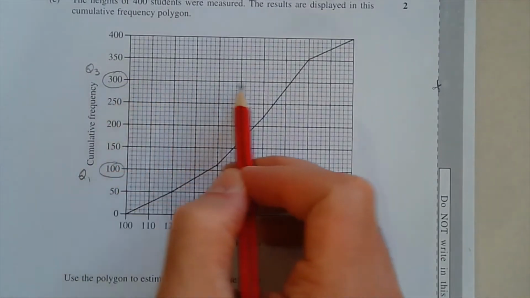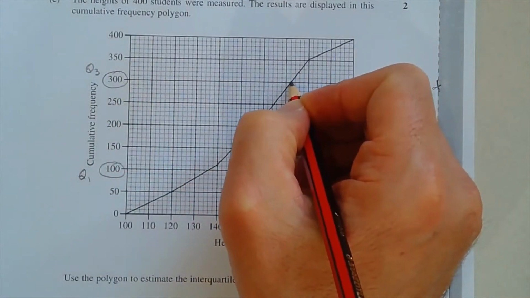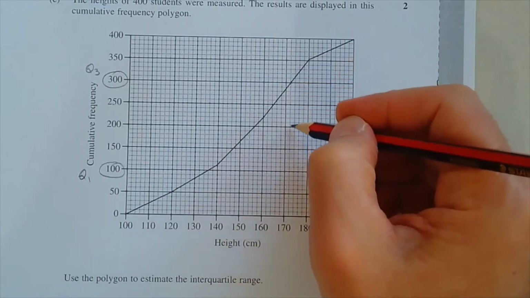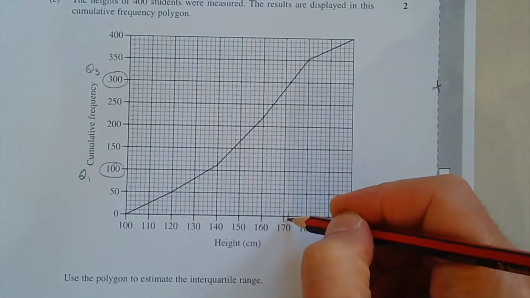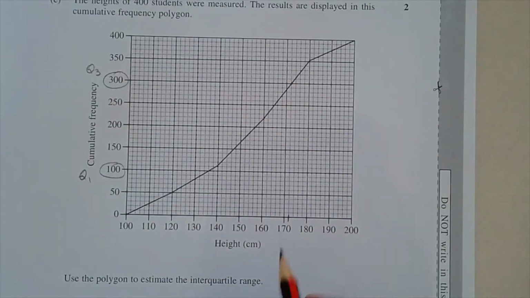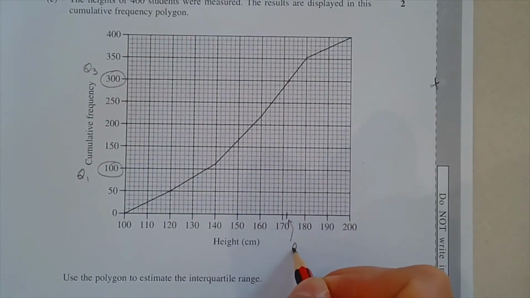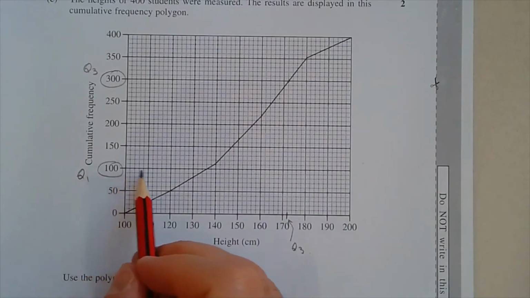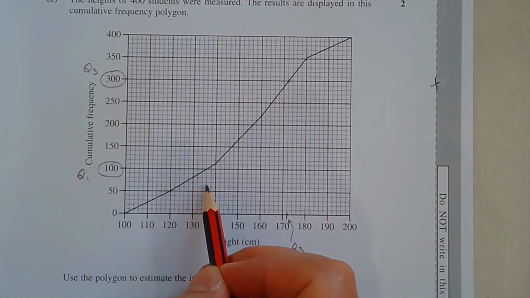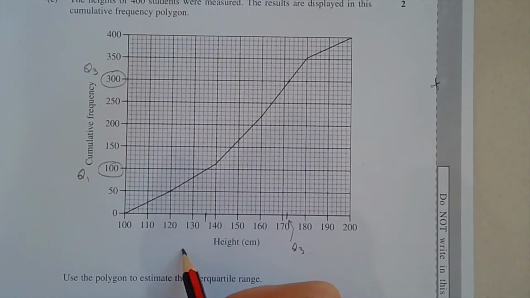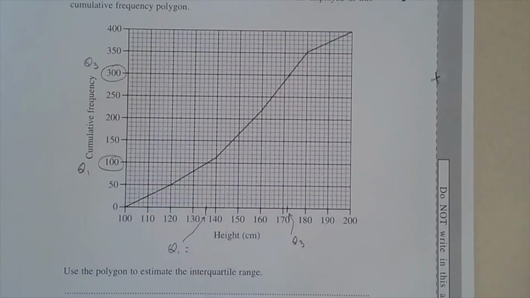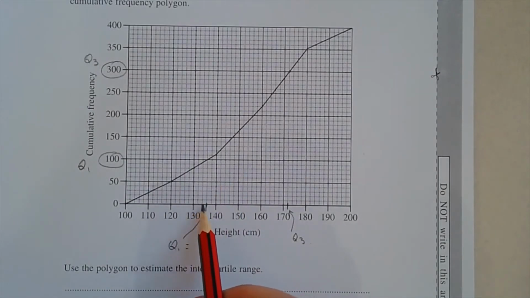We need to project across, to there, and then project down. Okay, so that's Q3. And we need Q1, which is just there, projecting down. Okay, and this one is Q1. So let's work out the value of Q1. So 1, 2, 3, 4, 5. It looks like it's going up in 2s. So 132, 134, 136 centimeters.